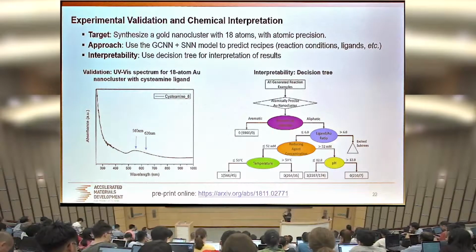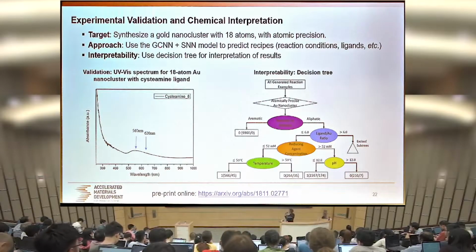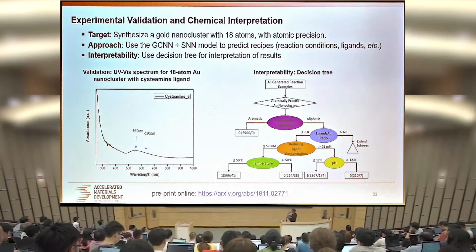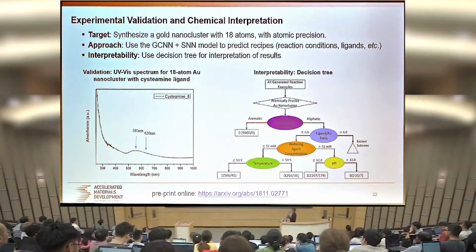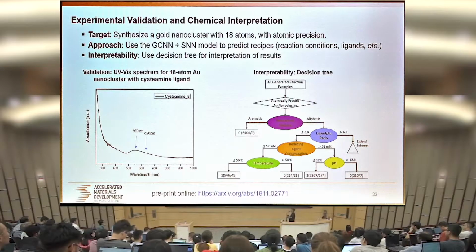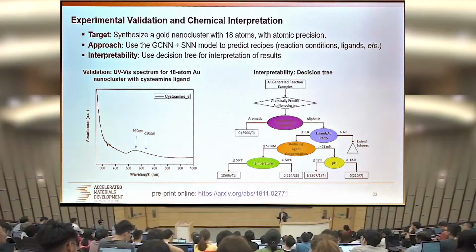And to validate our model's capability, we have done experimental validations. We're aiming to produce gold nanoclusters with 18 gold atoms with atomic precision. We use our GCN plus SNN model to predict the best recipe with the highest probability of synthesizing such atomically precise gold nanoclusters. And we are able to synthesize it, with the UV spectrum proving the gold 18 nanoclusters. And to gain some interpretations, we have done the decision tree as I mentioned before.